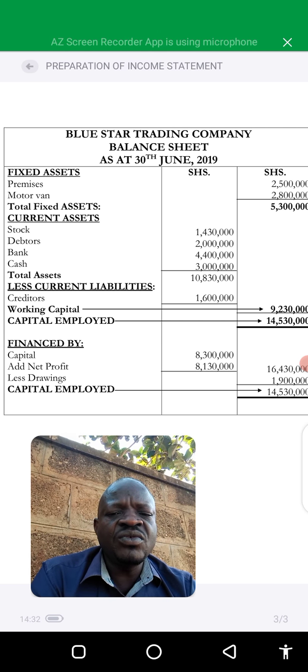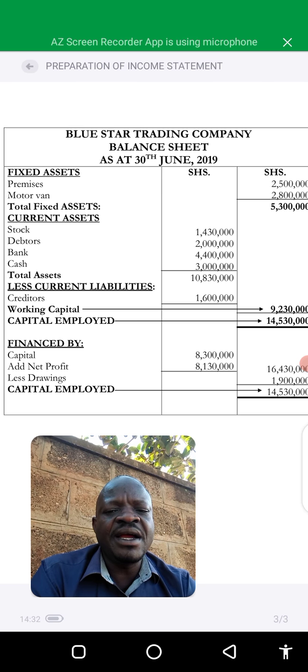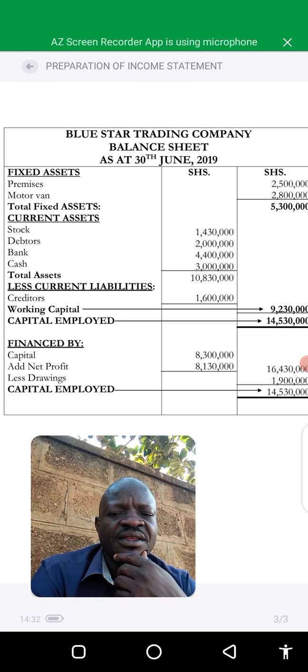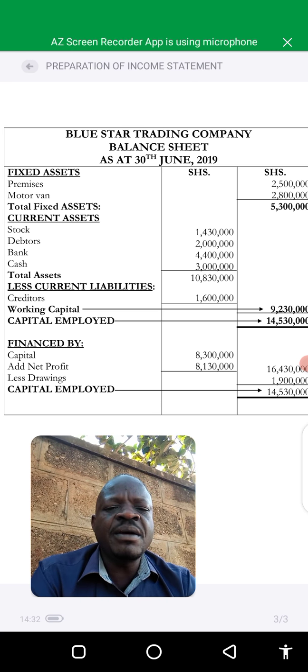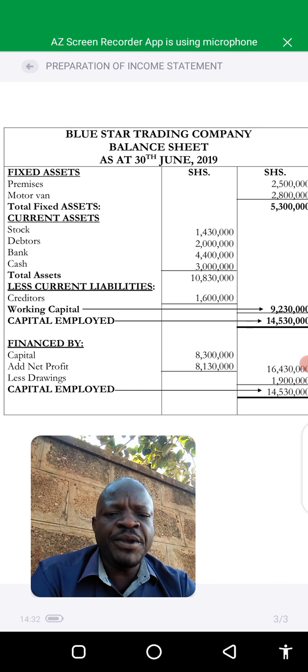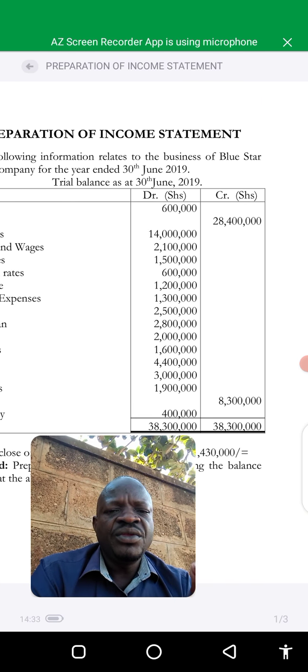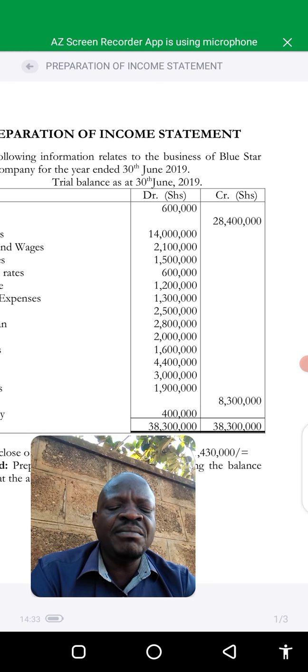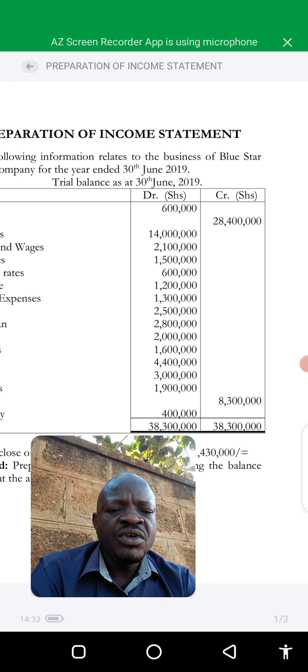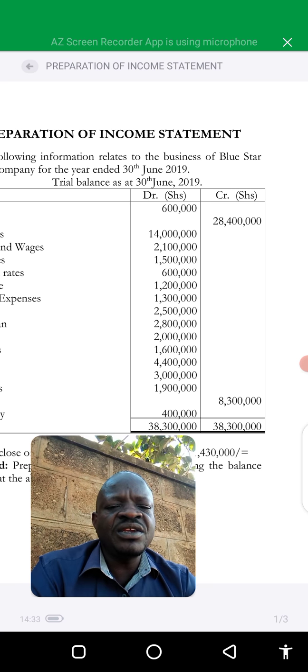From there we shall go and say financed by. So financed by, we bring in capital. You can see capital, which is direct in the question. You can see capital, item number 2 from down, or as you go up, number 1 from down on the credit side.